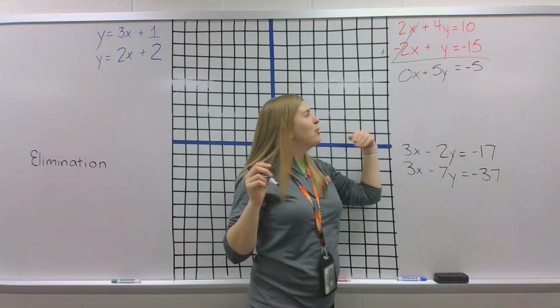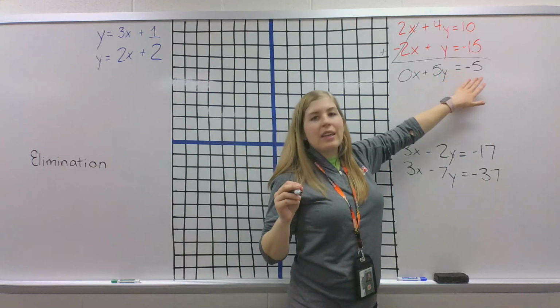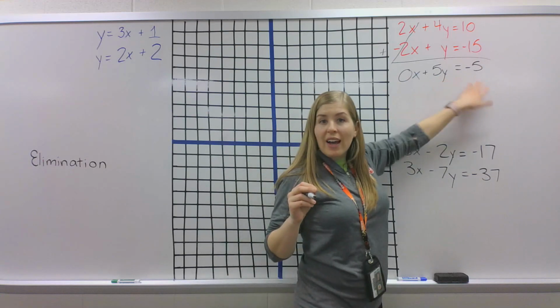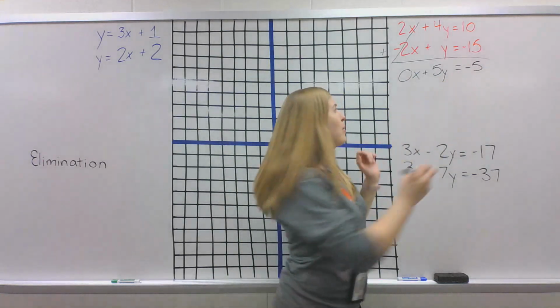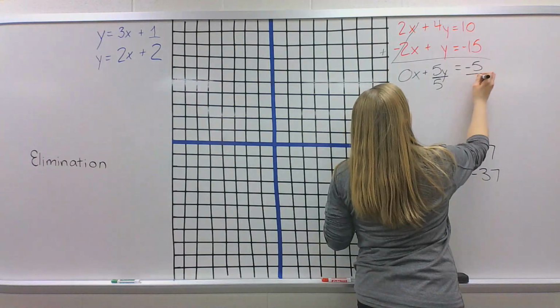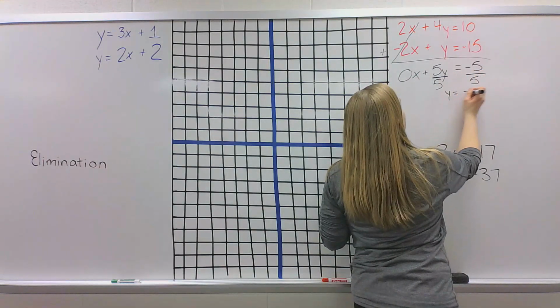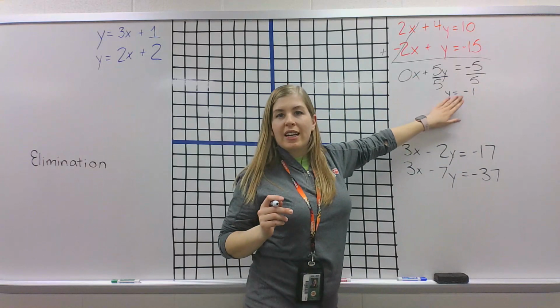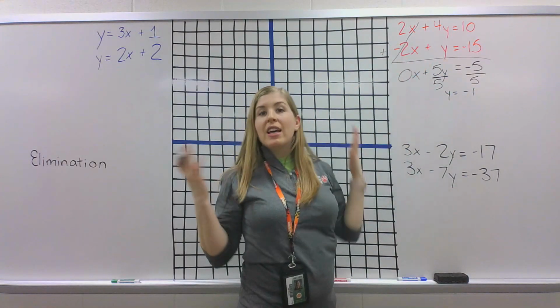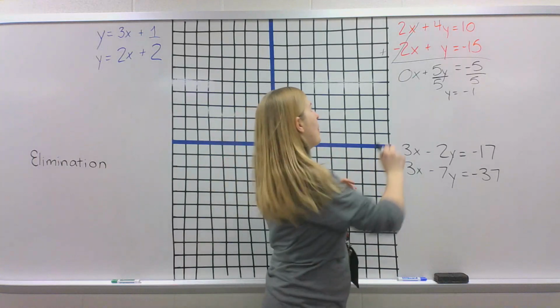We've eliminated that variable. How will we get y by itself? Yes, inverse operation. We're going to divide. Since it's a multiplication, we're going to divide, get y by itself. y equals negative 1. So now we can take our y, plug it into the equation above to figure out an x value.